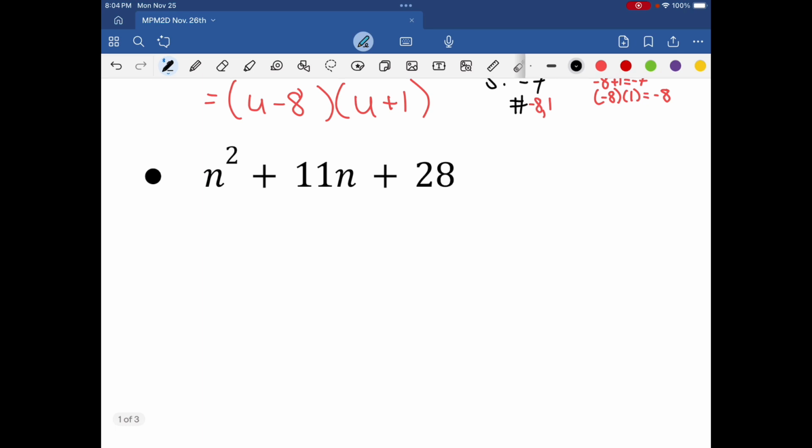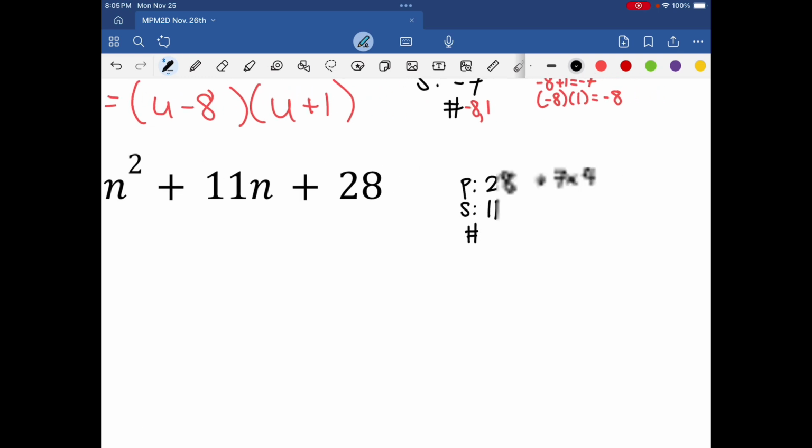And next one, product, sum. Product is 28. Sum is 11. Two numbers. 7 times 4 gives me 28.